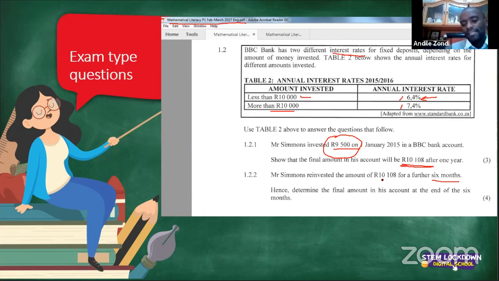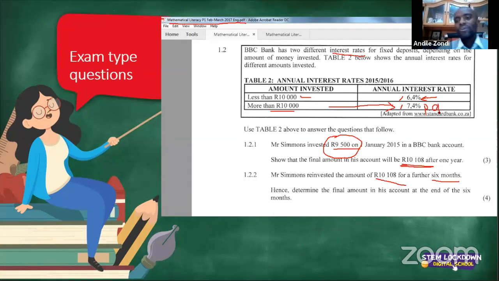So now notice, 10,108 is actually more than 10,000. So we'll be using this interest rate to calculate his interest for a further 6 months, right? Okay. But now this interest rate is per annum, per year.